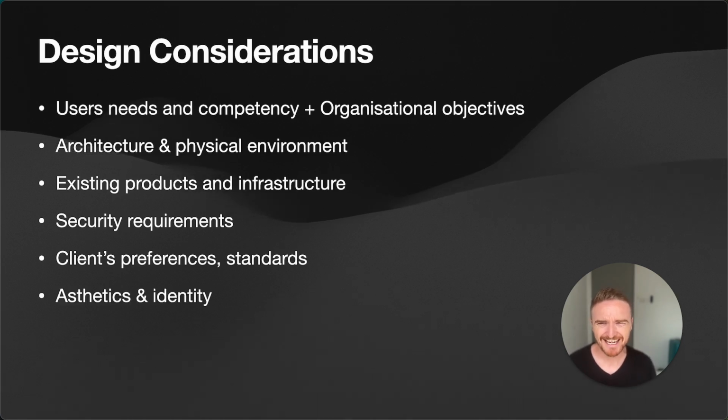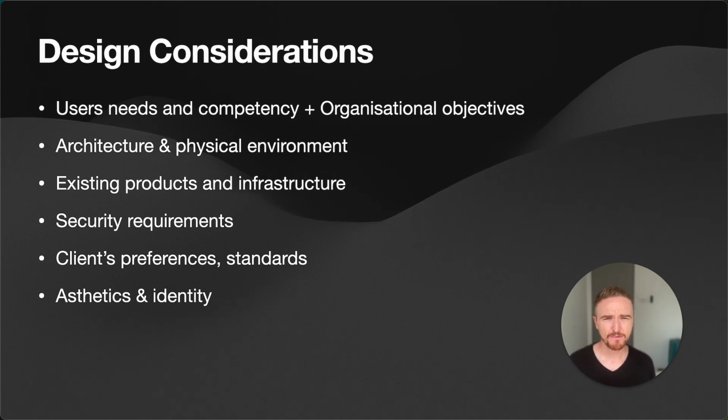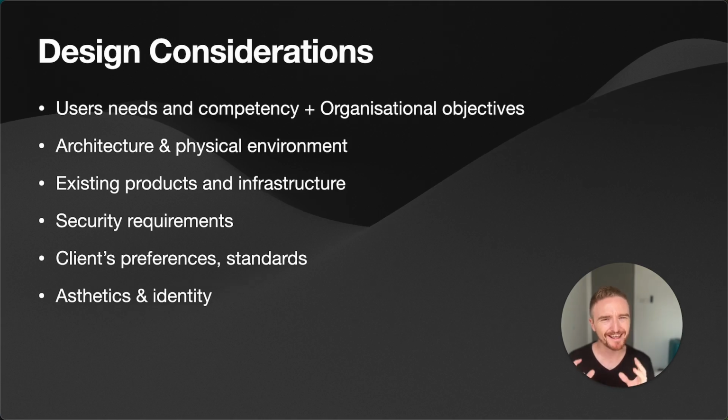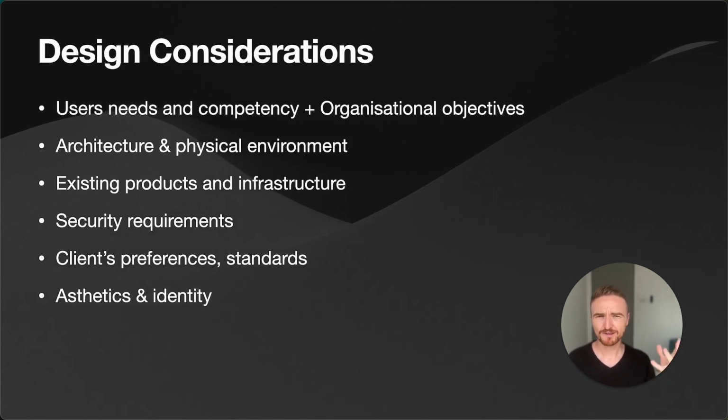Then we have aesthetics and identity. So the aesthetics of the system matter. If you're dealing with a public entity, they might not want to look like they have spent a lot of money on their AV system. It may have to look particularly utilitarian in what they're deploying. Whereas if you're dealing with a hotshot law firm in the middle of town, they want to signal that they're the cat's pajamas.